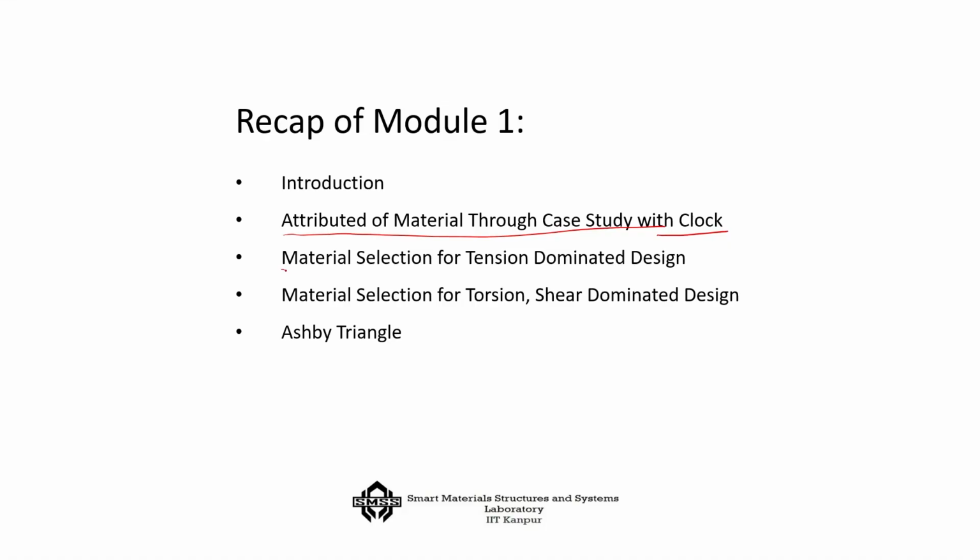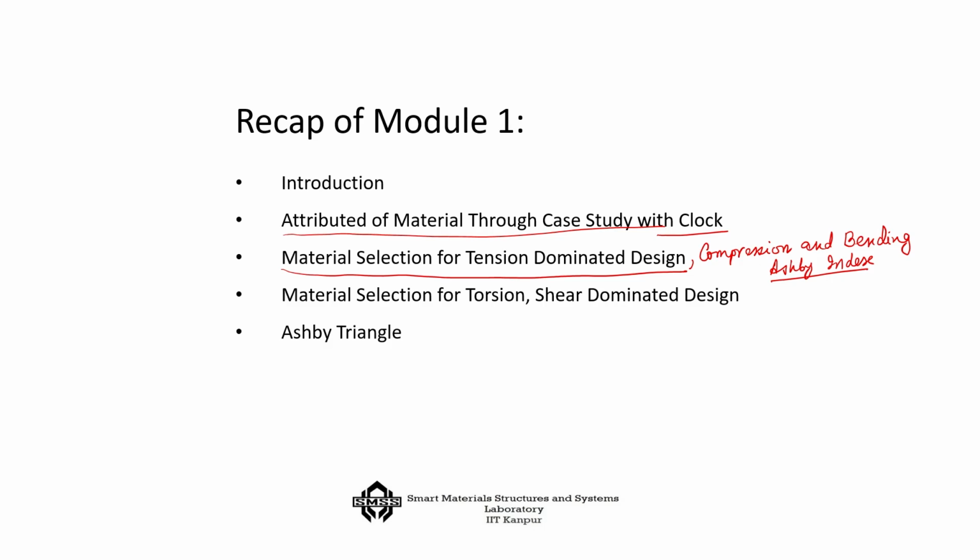So, that was the material selection for tension dominated design, followed by, of course, compression and bending. And then we have introduced something which is known as the Ashby index, and we have seen that for simple tension, compression and bending, what are the corresponding Ashby indices.